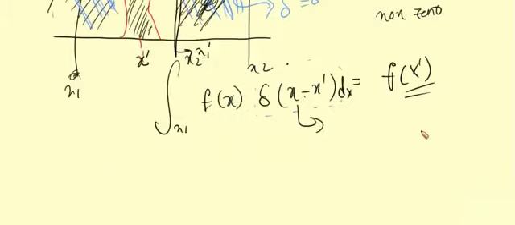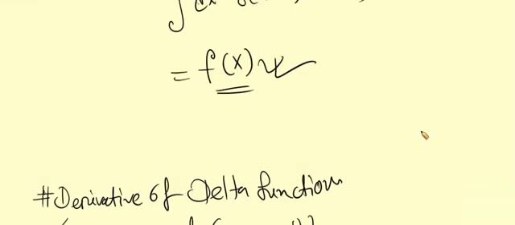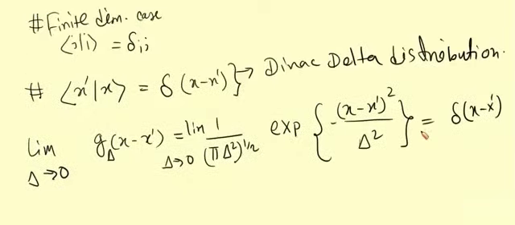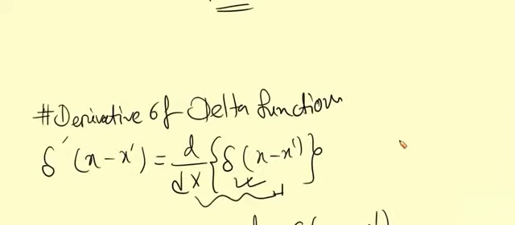Using this definition or any other definition of the delta function that you might be familiar with, whether defined by an integral or by this Gaussian model that we wrote down over here, and this is in fact a Gaussian model. So these are some peculiar things about these delta functions.